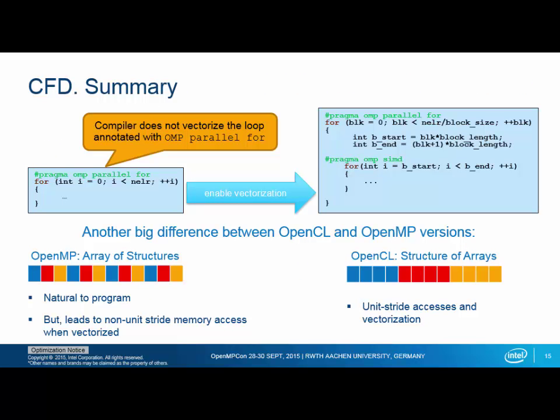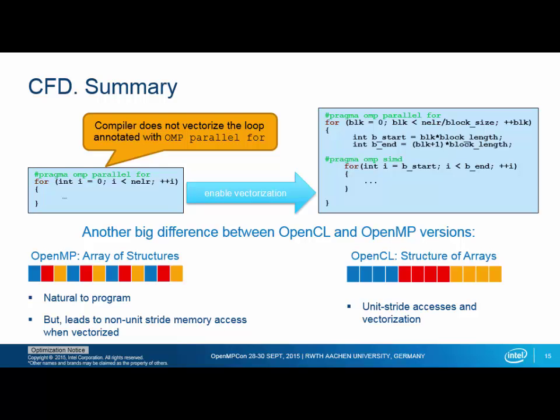So for the computational fluid dynamics benchmark, after we had experience with the two previous benchmarks, it was very easy to reach the same performance with the OpenMP version. We found that initially this benchmark has just a single loop across the particles, and for this loop there is a pragma omp parallel for, which prevents vectorization by the compiler.